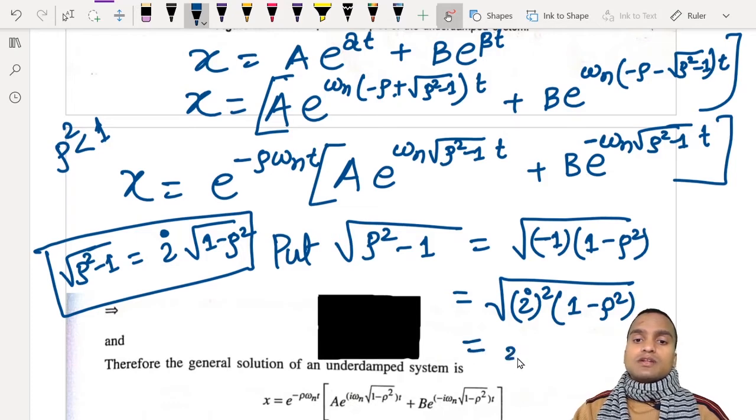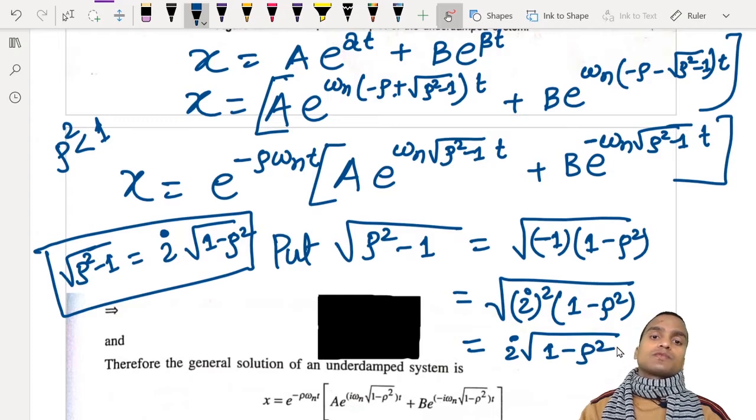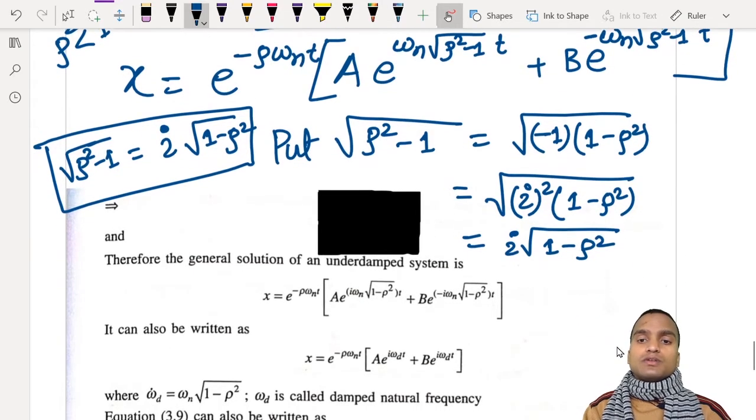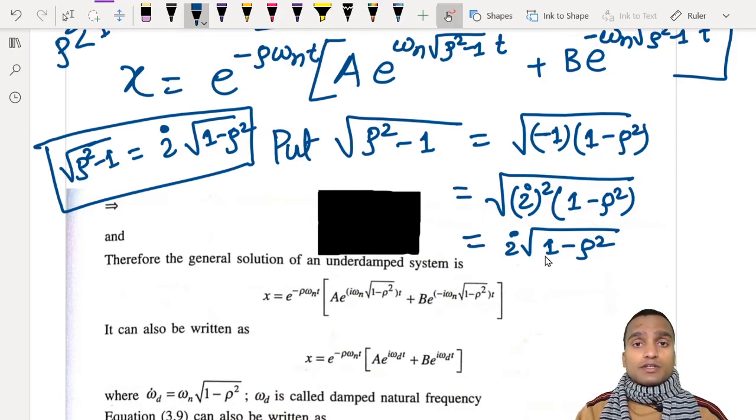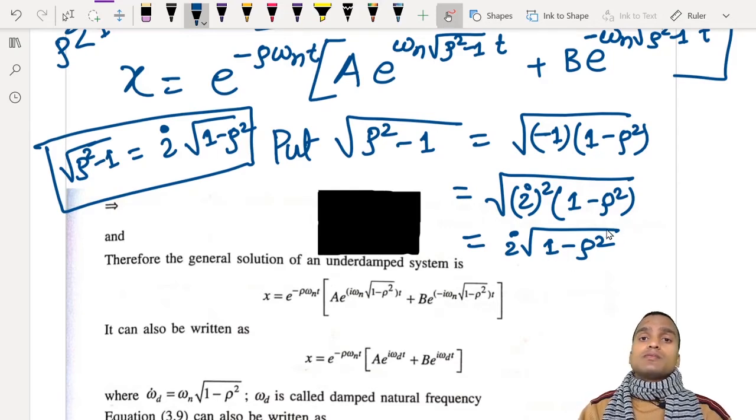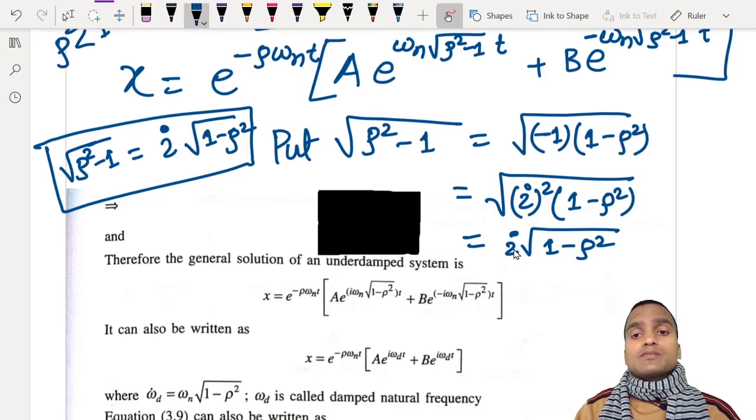So this can be written as iota root under 1 minus rho square. When we do this rearrangement, ultimately 1 minus rho square will be a positive term, so this root will be a real number, but it is multiplied with the iota also.